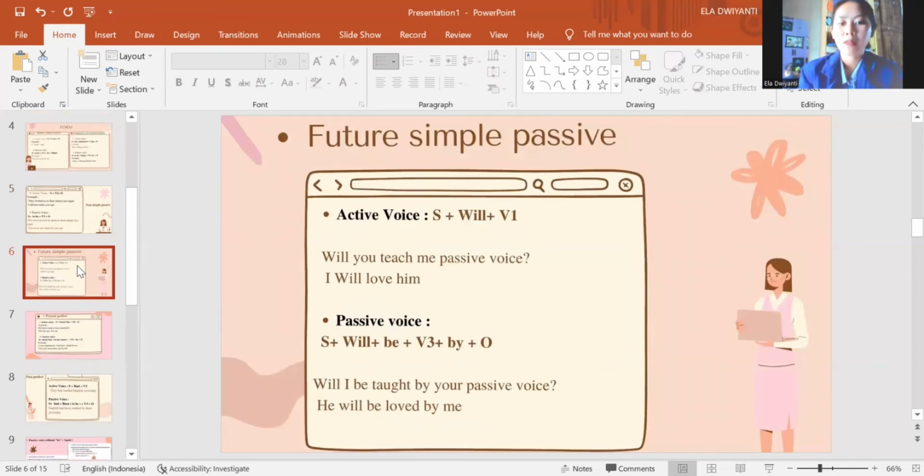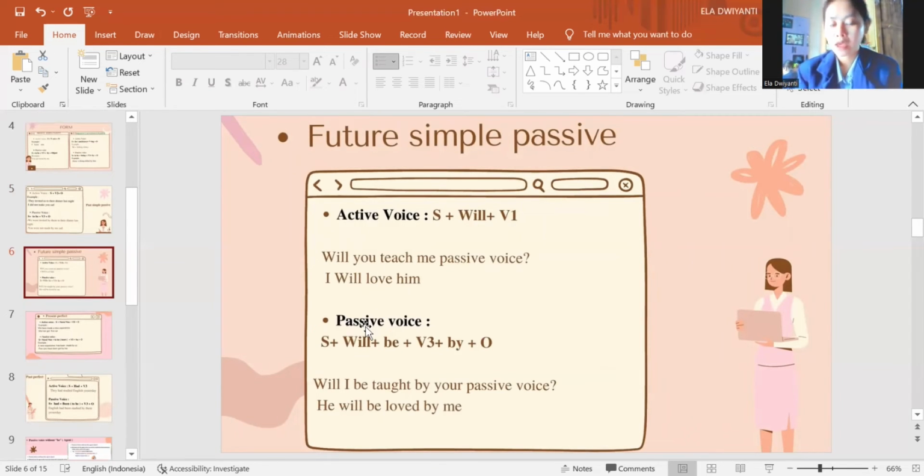Next, future simple passive. The pattern in the active voice is subject, will, verb 1, because we talk about the future. For example, "Will you teach me passive voice?"